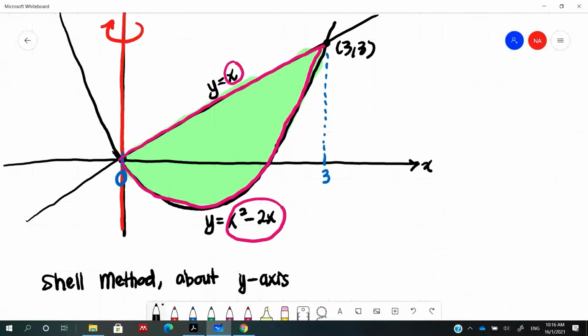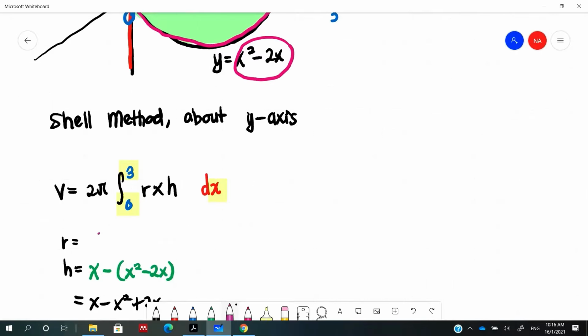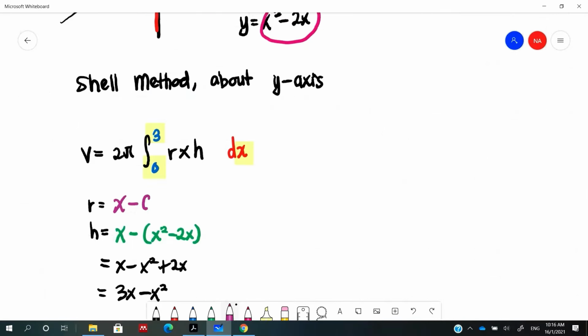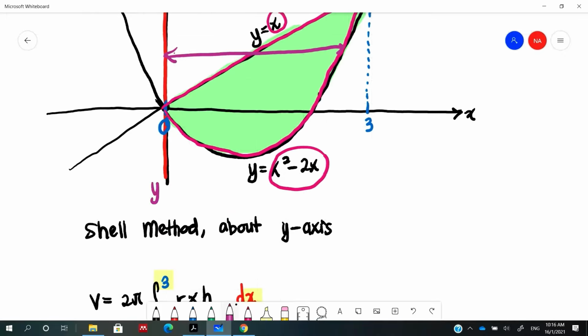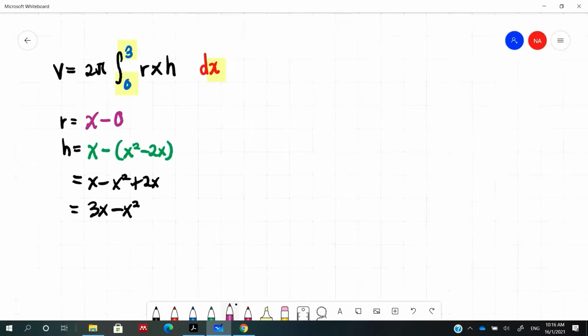And what about the radius? That is the region. The radius should be something like this, because the region is on the right side of the axis. So it should be x minus the axis of rotation, which is 0, because the line is x equal to 0. So that is x actually.